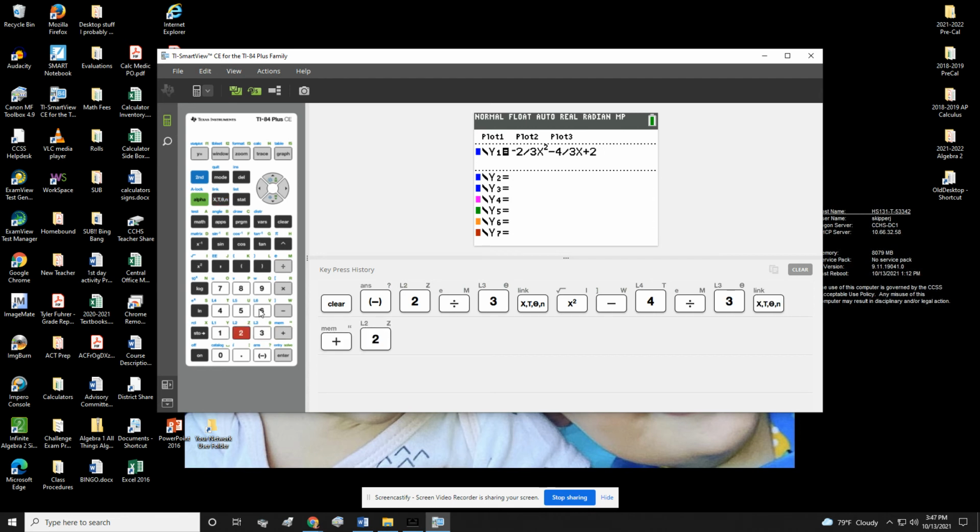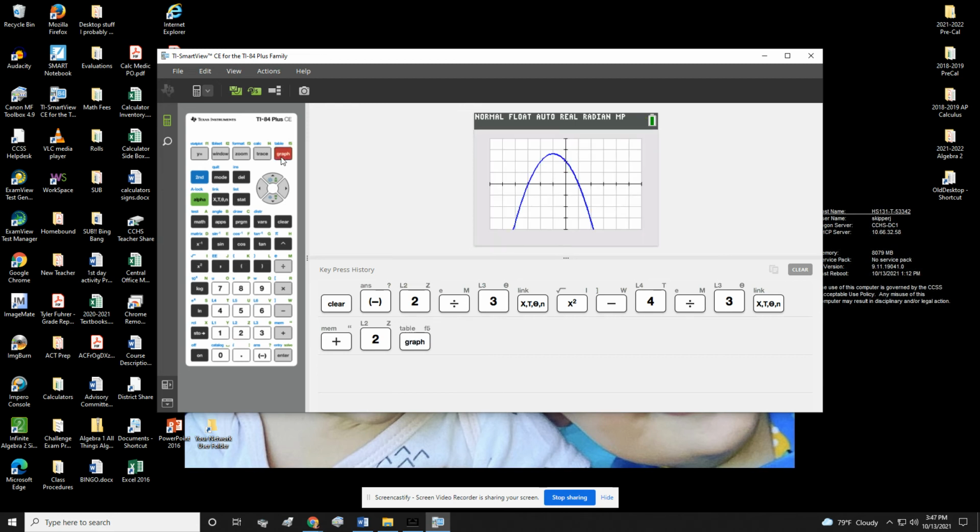Now we already know it's going to have the right y-intercept. We'll just make sure it has the right x-intercepts. So our y-intercept is at 2, like we already knew it was going to be. And then our x-intercepts are at negative 3 and at 1. So we have the right function.